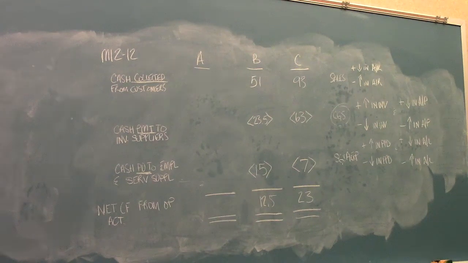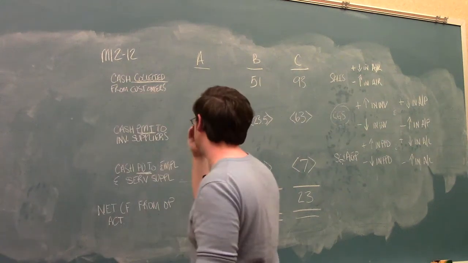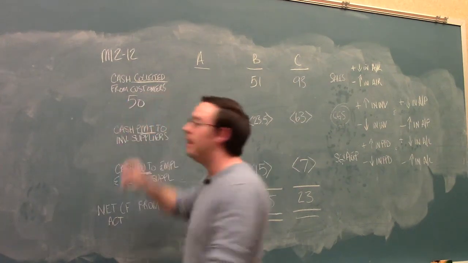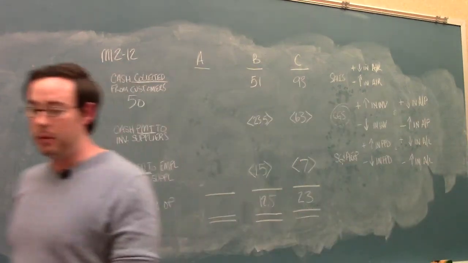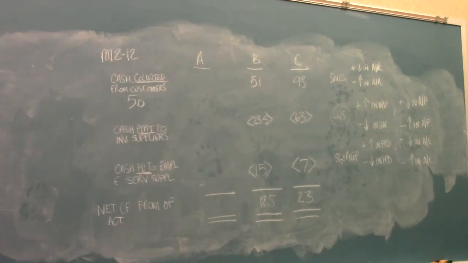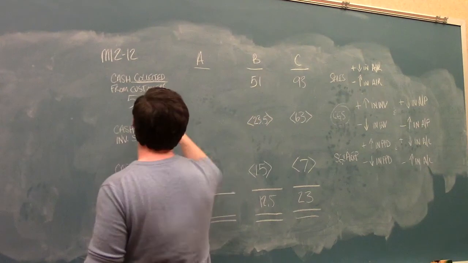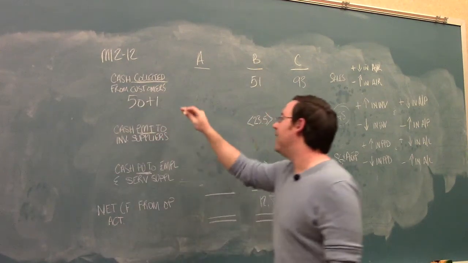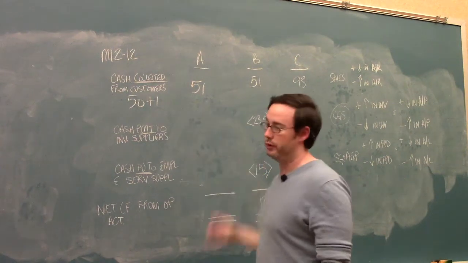That's our starting point for cash receipts, or the cash collected from customers. So we'll start here with $50,000, but we then have to adjust for accounts receivable. Accounts receivable in this problem go down by 1,000. So if accounts receivable go down, we're going to add that back. We can see that formula right over there. That means that our cash collected from customers is going to be 51 as our first grouping.